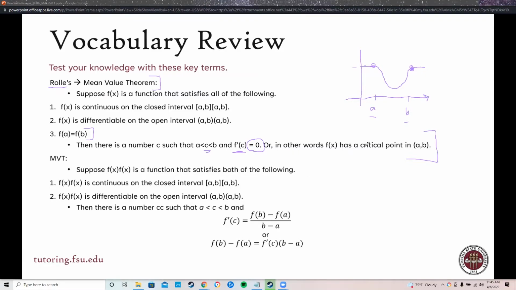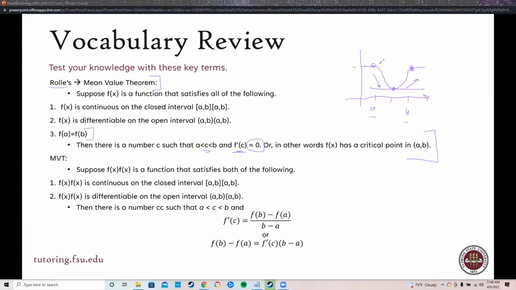So a critical point is some place where the slope goes from being either positive or negative to being either negative or positive. So this one is negative and goes to positive. Therefore, somewhere in the middle of this graph, which we can obviously tell is right here, there's a slope that's horizontal, or equal to 0.